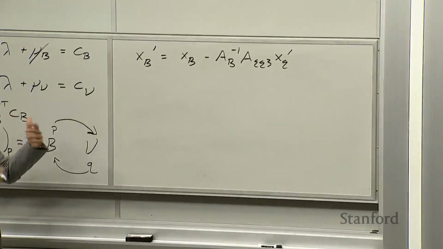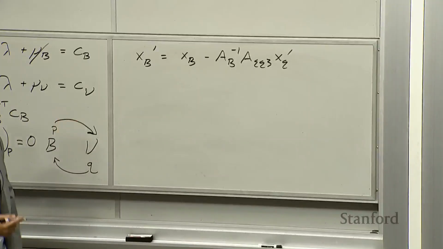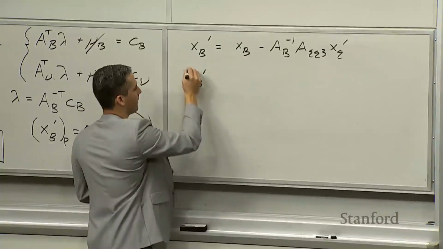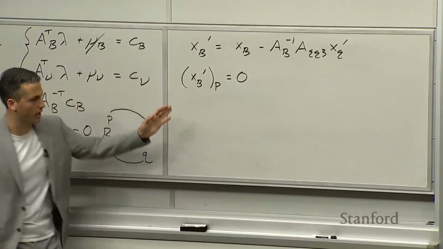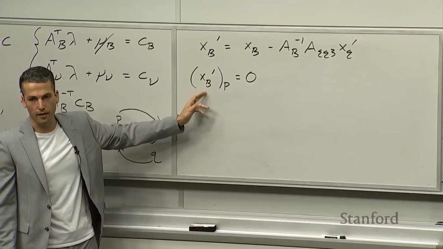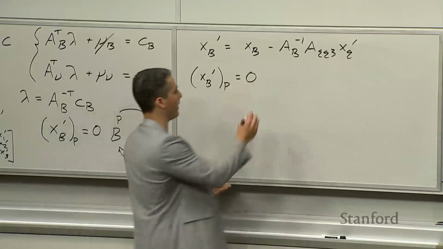Now we need to know this in terms of the P index that we're working with. Okay, but remember what we saw before was that x basis prime, the pth component of that was 0. Because this is looking at our new x prime point with our old basis, meaning the leaving index P has to be 0. Okay, so we can just rewrite this now.